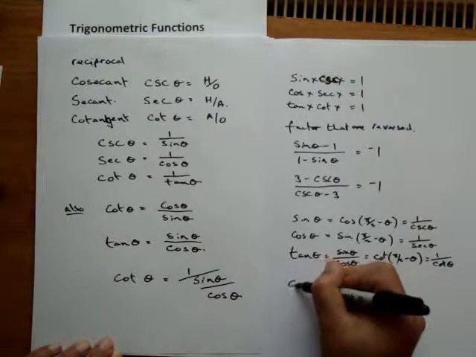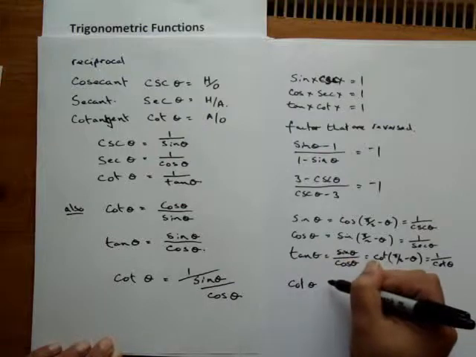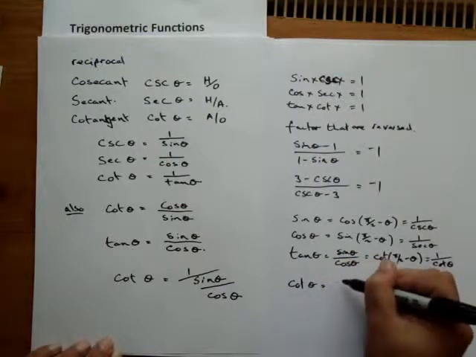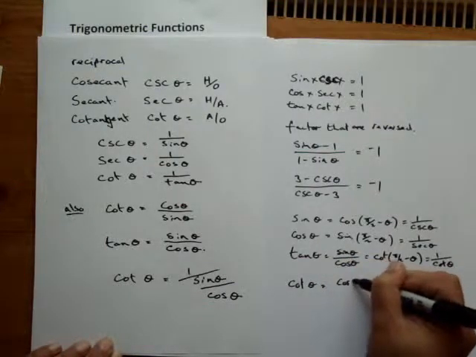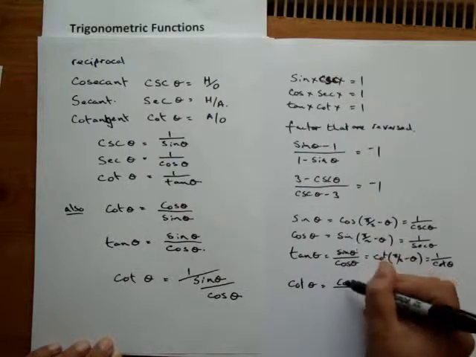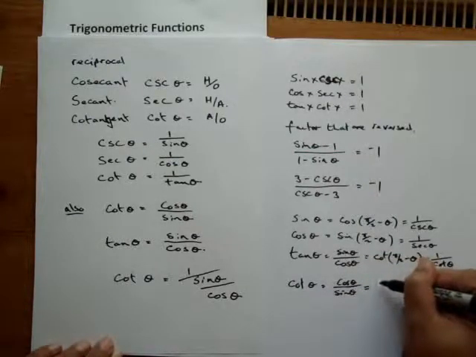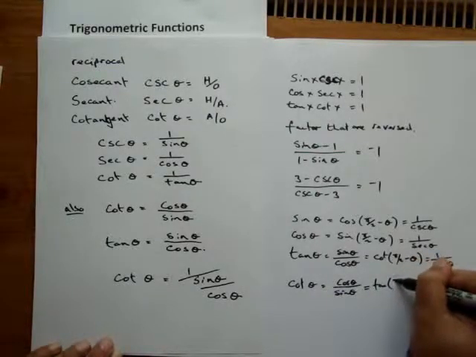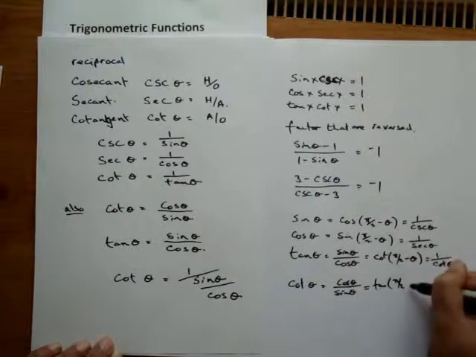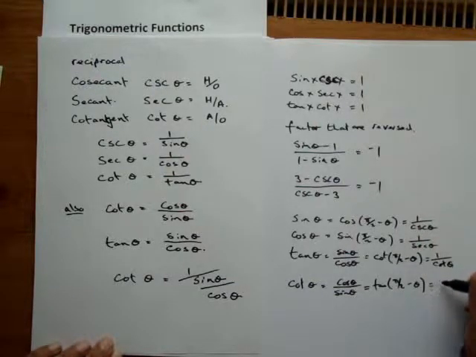Cot theta equals cos theta over sine theta, which equals tan pi over 2 minus theta, this is in radians, equals 1 over tan theta.